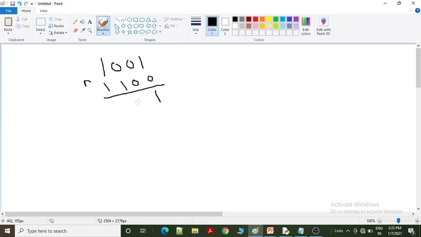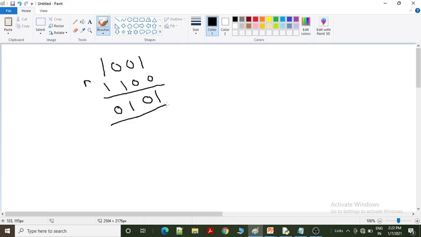Again both operands are the same, so the result is 0. Again both are different, so the result is 1. Again both operands are the same, 1 and 1, so the result is 0. So this is the behavior of the bitwise XOR operator.